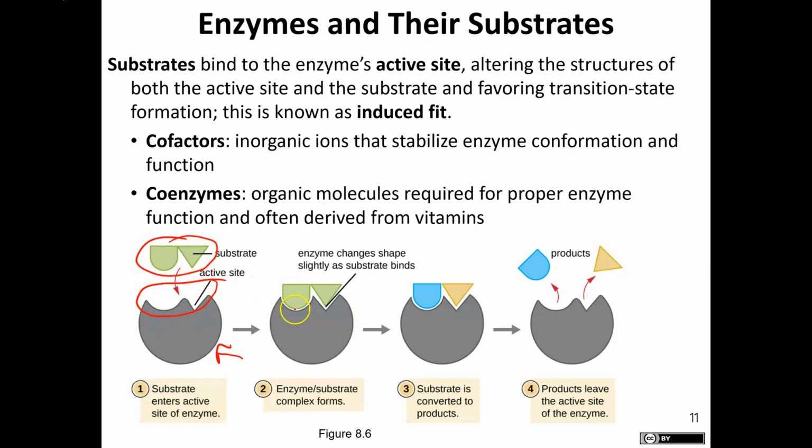The substrate binds to the active site of the enzyme, and then the enzyme is going to basically give the substrate a little hug, that's how I think of it, and either build or break bonds. So it stresses the bonds, and in this case, they're causing a breakdown. So this would be a catabolic reaction. Where you have one substrate that binds, this is the reactant, and you have two products that are produced.